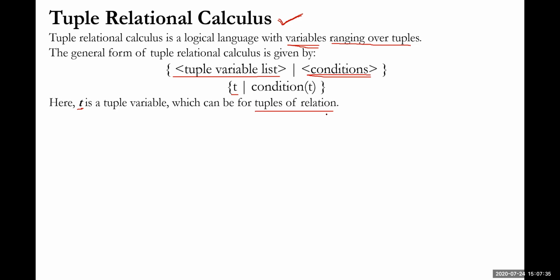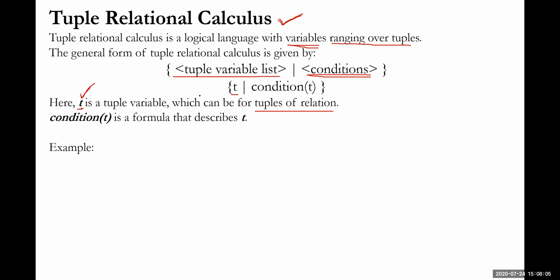As far as the employee table in our example, a total of 14 rows are there, and all 14 rows are represented by one single variable, T. The condition will be whatever you describe. For example, display the details of all employees whose salary is greater than or equal to 3,000. The condition will be T dot salary greater than or equal to 3,000. I'll give you the examples also, don't worry.